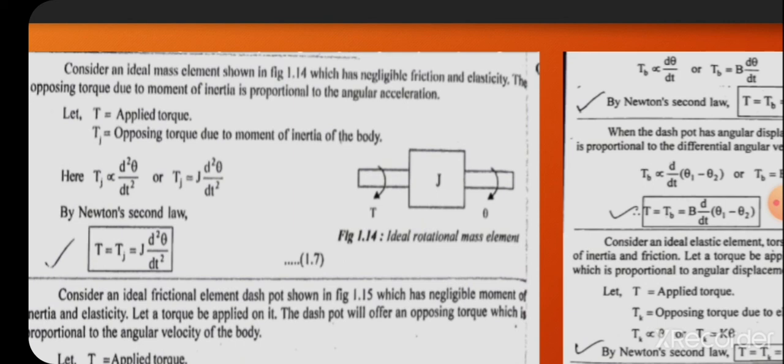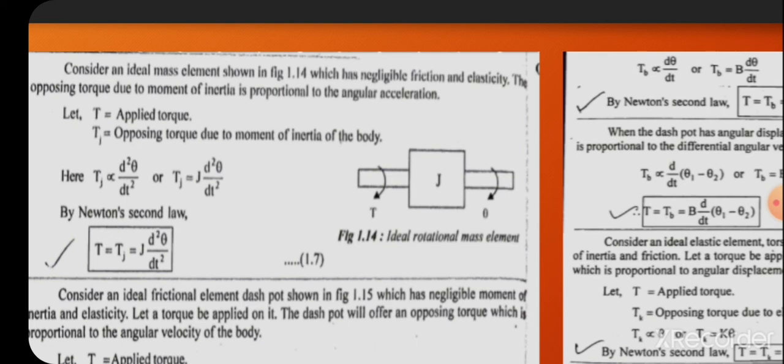So it is represented by J, and here in this figure, in this mass element, an applied torque T is acting. Due to that torque, there is a displacement theta. Since it is a rotational system, we are representing the displacement as angular displacement. Okay, that is why we are using the notation theta.